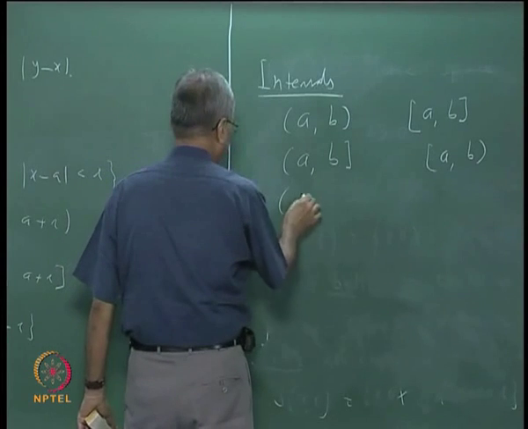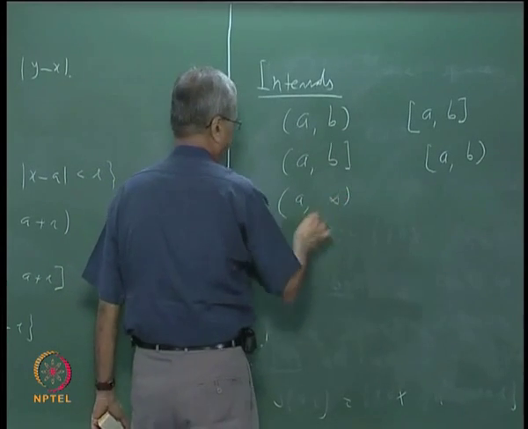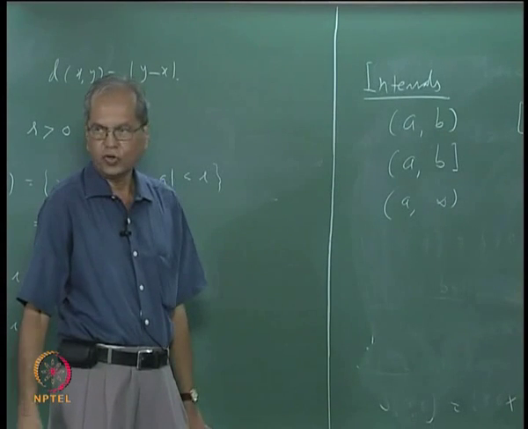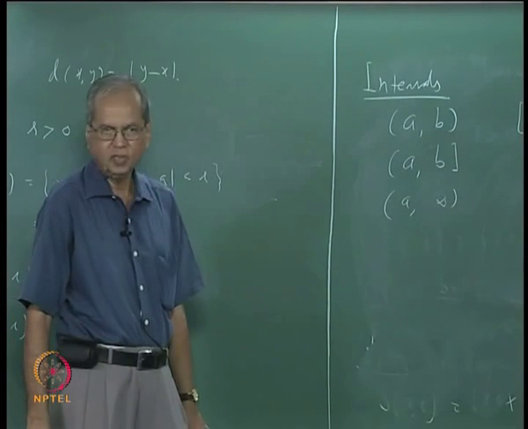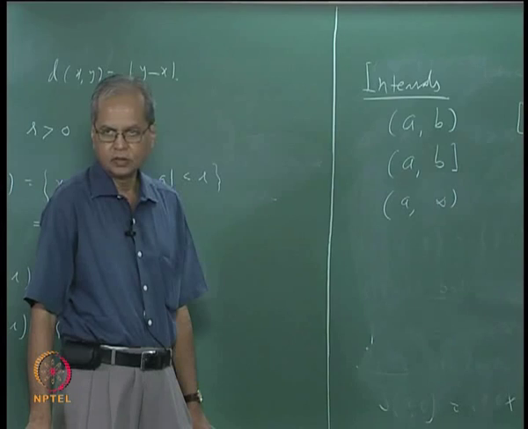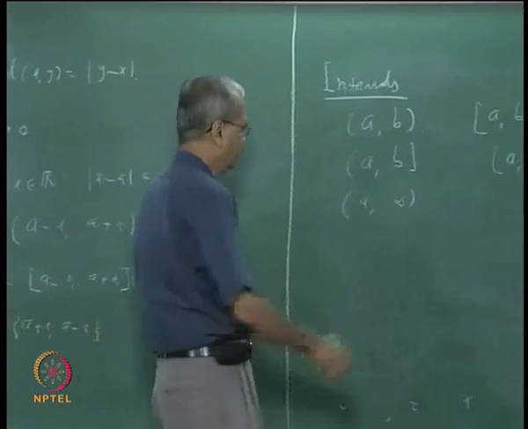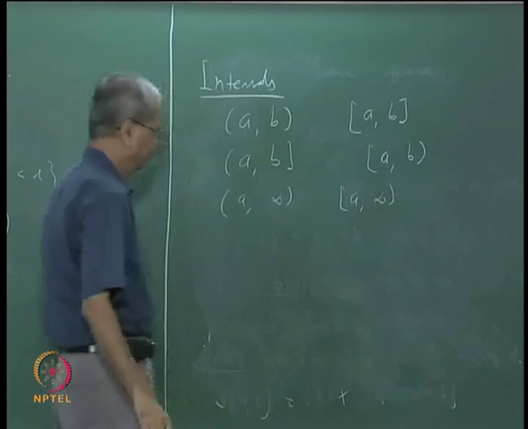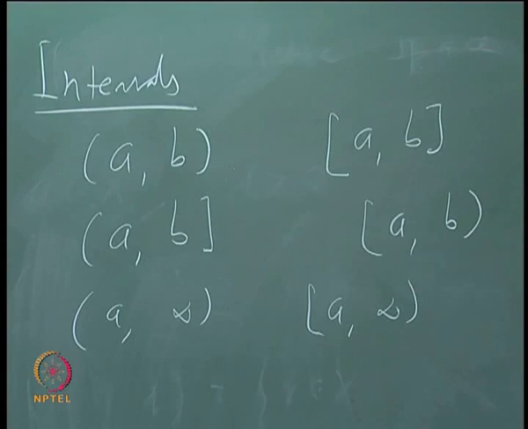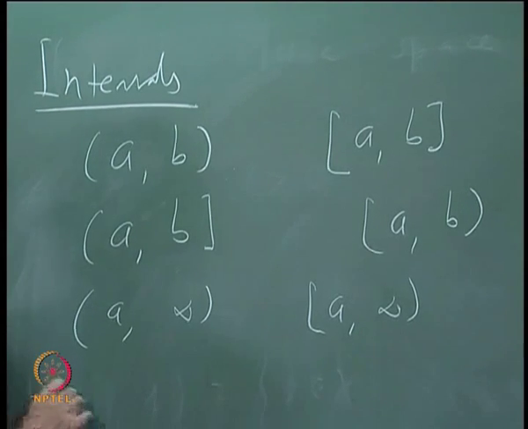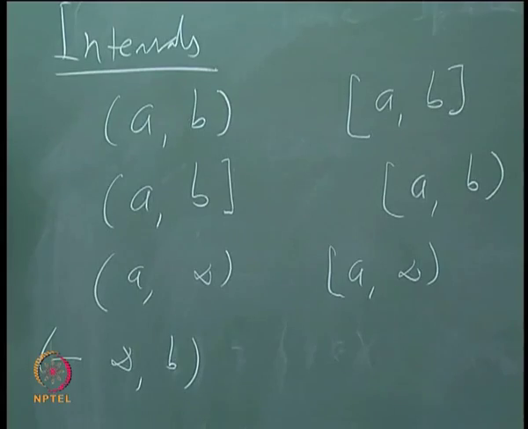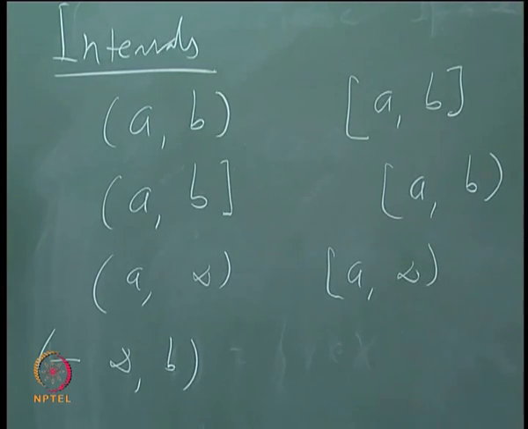What about something like this, A to infinity? It is the set of all points which are strictly bigger than A. Is that an interval? That is also an interval. And what about this? That is also an interval.